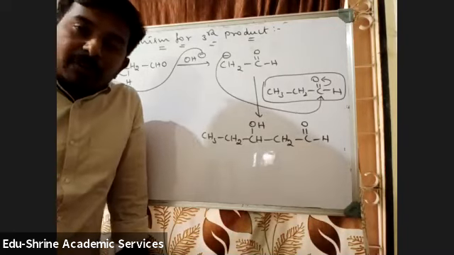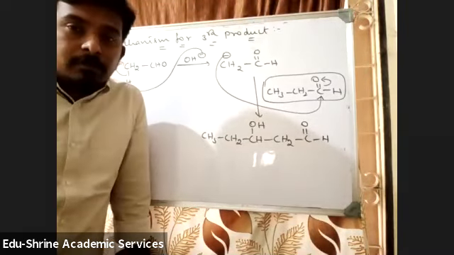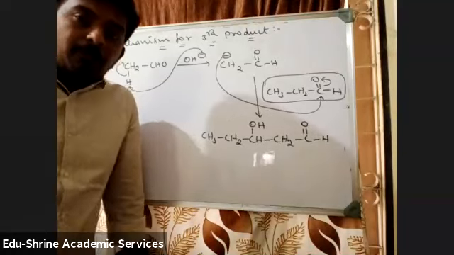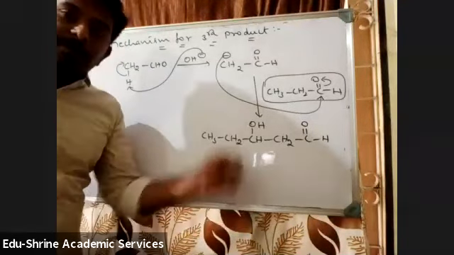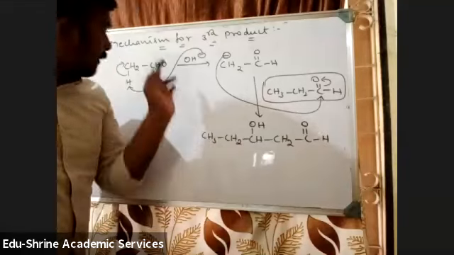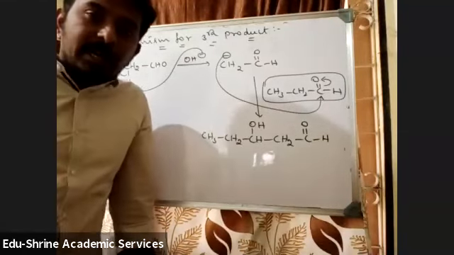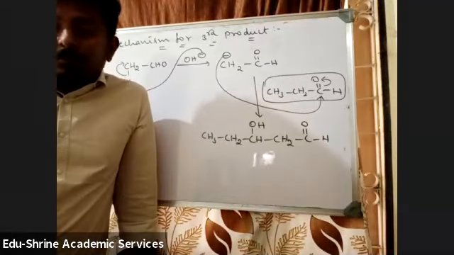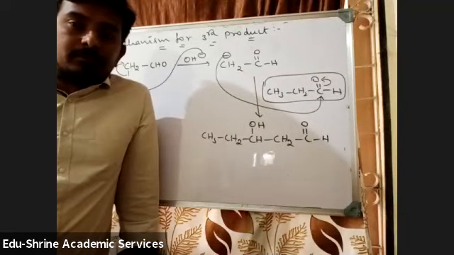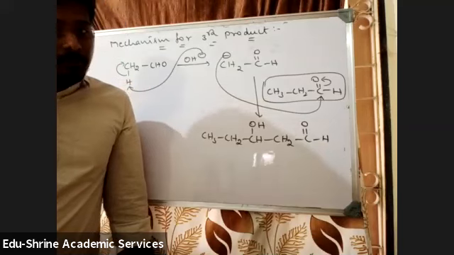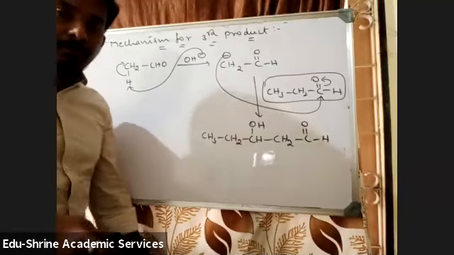In the same way, you can write the fourth product, no? In the fourth product, what will happen? From the other aldehyde, generate the carbanion. This will be converted to OH. Can you write? Write down.